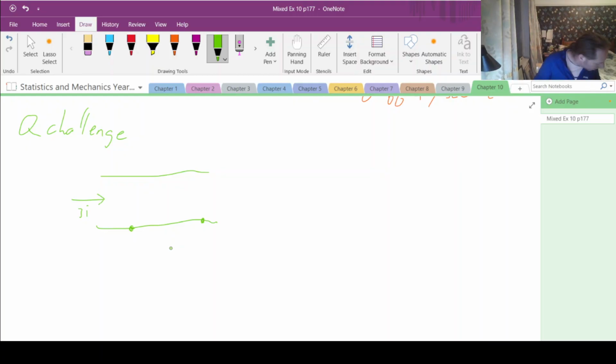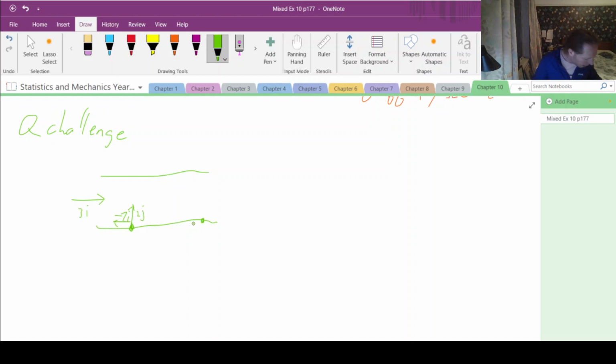Okay, two boats start from rest at different points on the south bank of the river, the current in the river. So this one starts here and it's got minus 7I and it's got 2J.